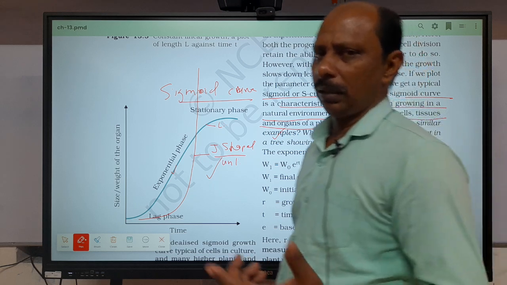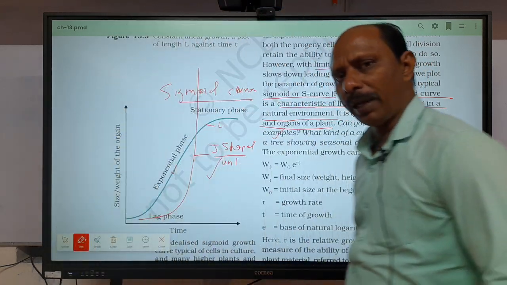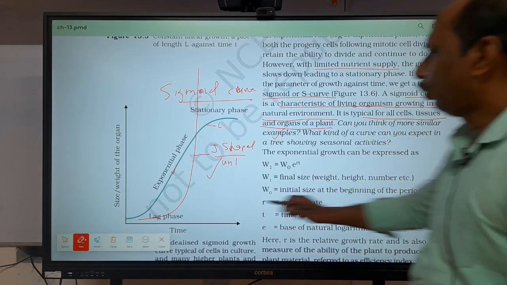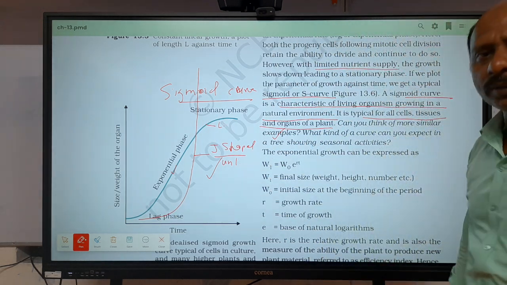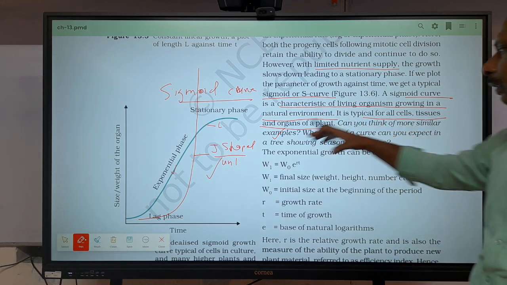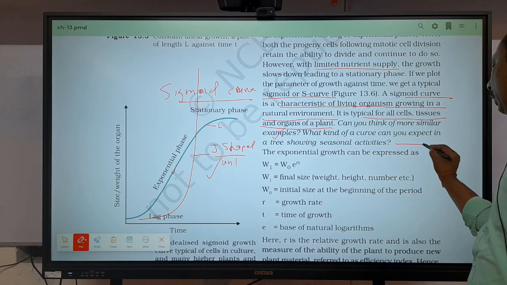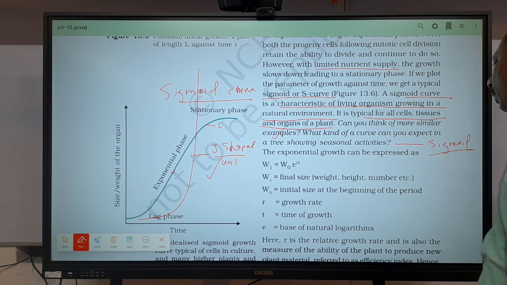In winter, plant growth is slow, but in summer, plant growth is very rapid. So slow, rapid, slow, rapid forms a sigmoid curve. What kind of curve can you expect in a tree showing seasonal activity? It is a sigmoid or S-shaped curve.